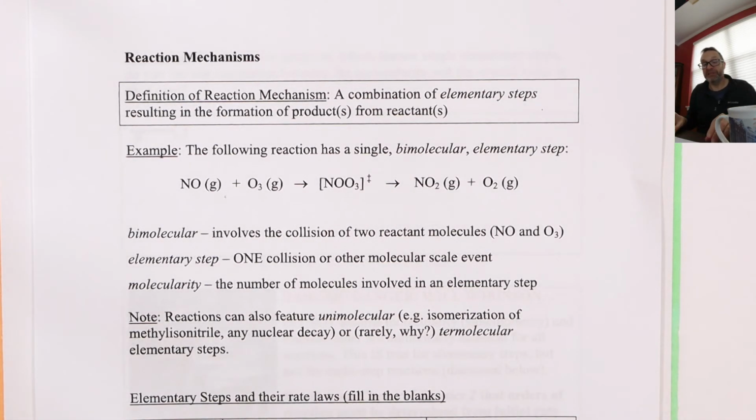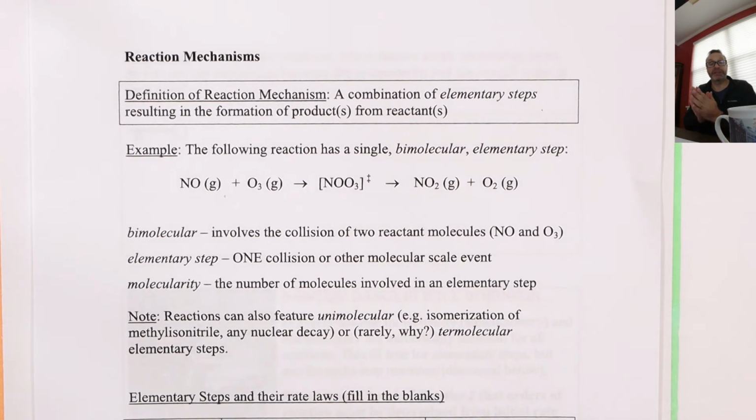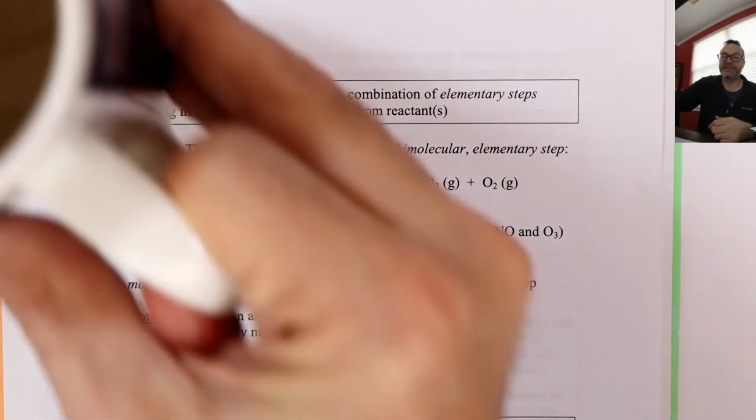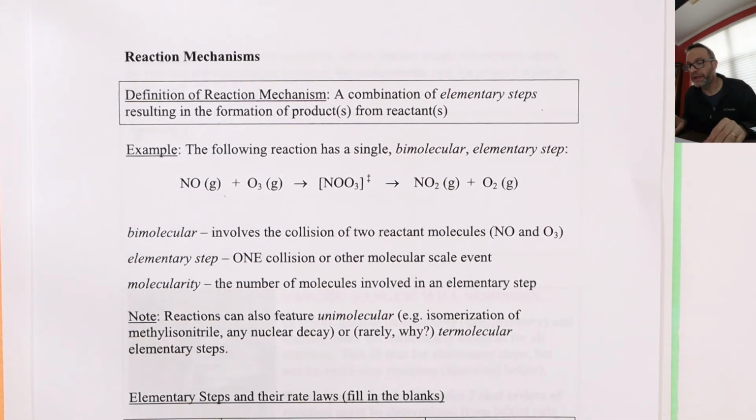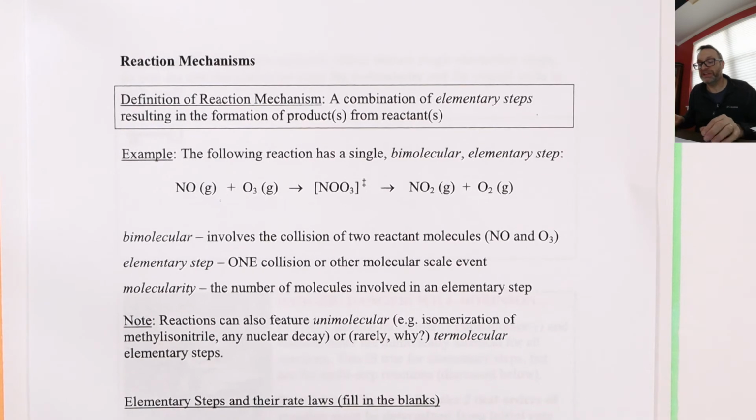So a reaction mechanism is either a single step, just one hit, it's simple. But sometimes reaction mechanisms are multiple steps, so we can't really predict a multiple step reaction. We can only predict the individual steps and then combine them. So let's read through this one.